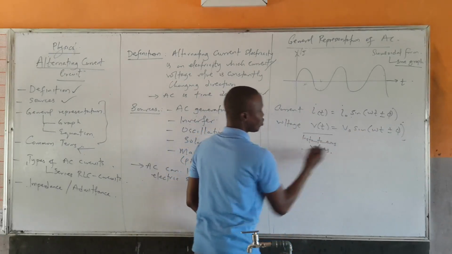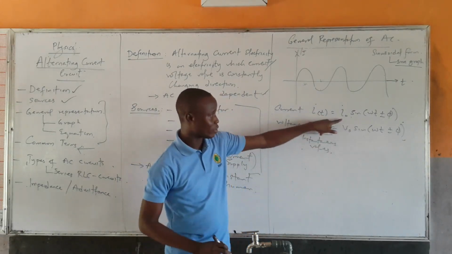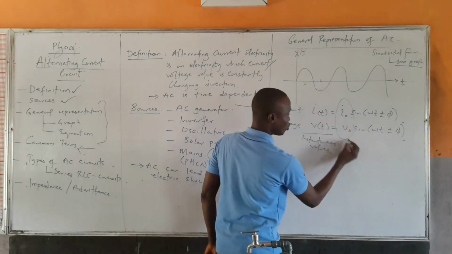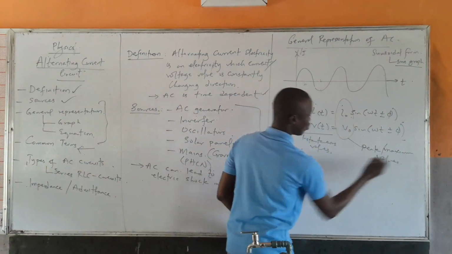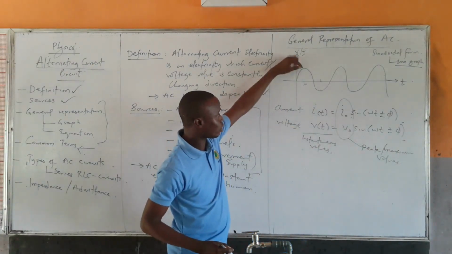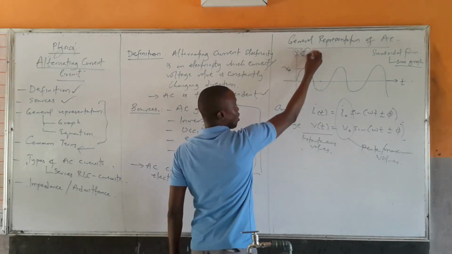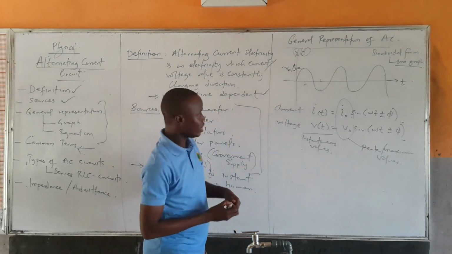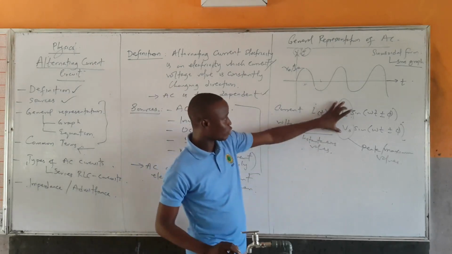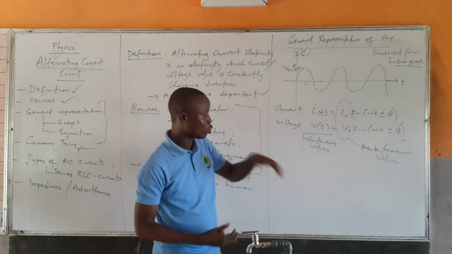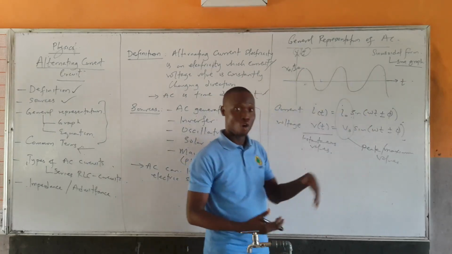This I naught is the maximum current; we call these the peak or maximum values. If it were a voltage, this would be the peak voltage, but if it were current, this will be the peak current. So the value of the instantaneous current or voltage depends solely on the maximum value of the current or voltage, and also on the angular frequency of the vibration or the signal.